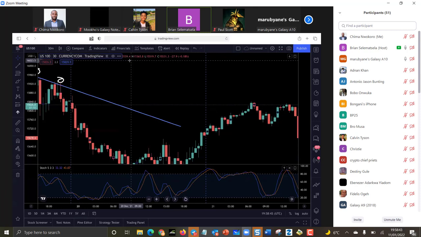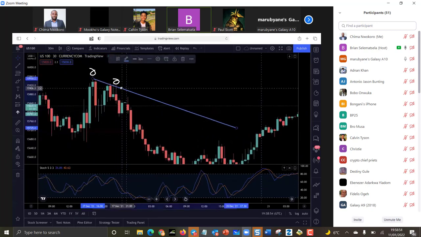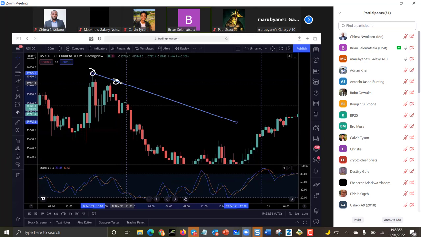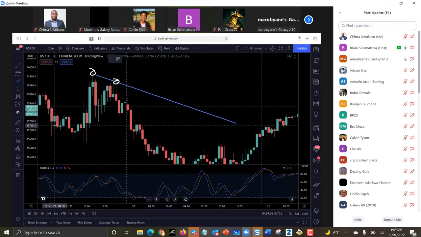Or the breakout will not happen very effectively when it should actually happen, because your line is not drawn to represent the actual footprint of the market, where the market actually turned, because these wicks show where the actual market went. The market once came here.